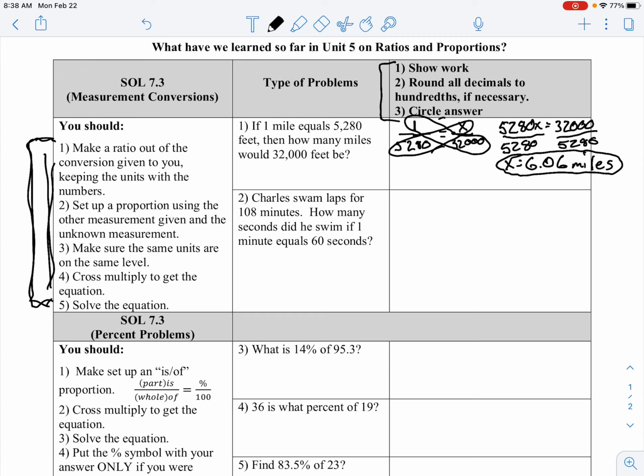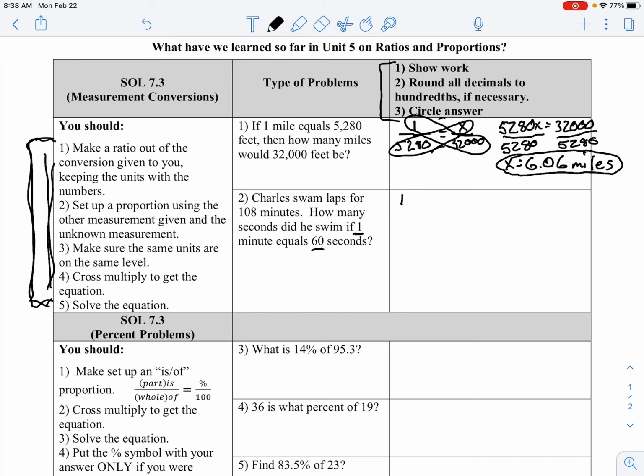All right. So same thing for number 2, except we got different units we're converting from. Charles swam laps for 108 minutes. How many seconds did he swim if 1 minute equals 60 seconds? Well, same thing. We want to take what we know is equal to each other. So 1 minute and 60 seconds is the same. So I'm going to use that to set up a ratio.